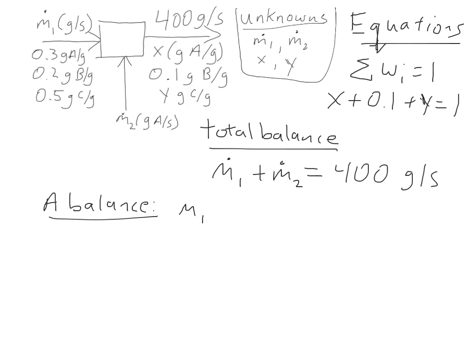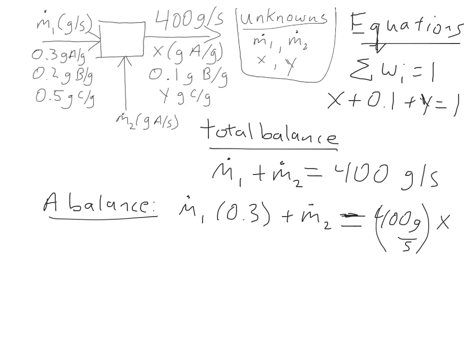So M1 times 0.3 plus M2 is equal to 400 grams per second times X, and then I got a B and a C balance.